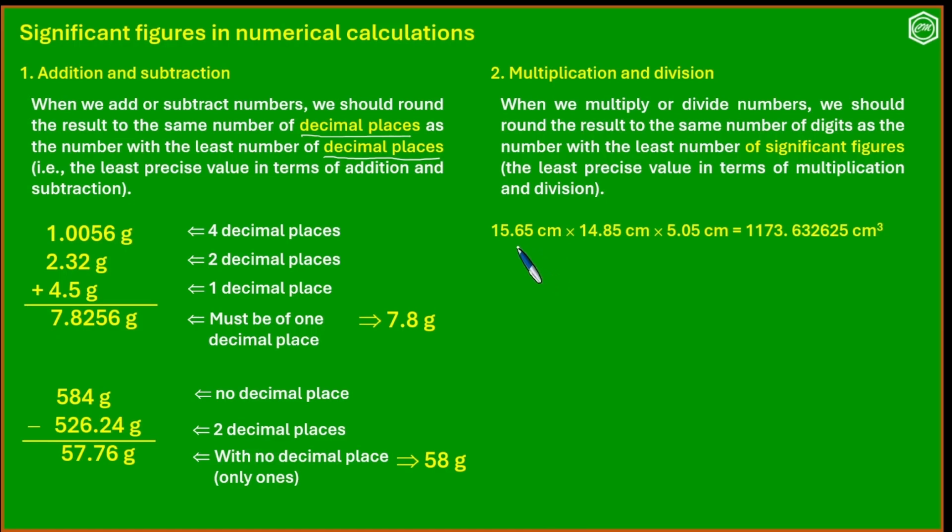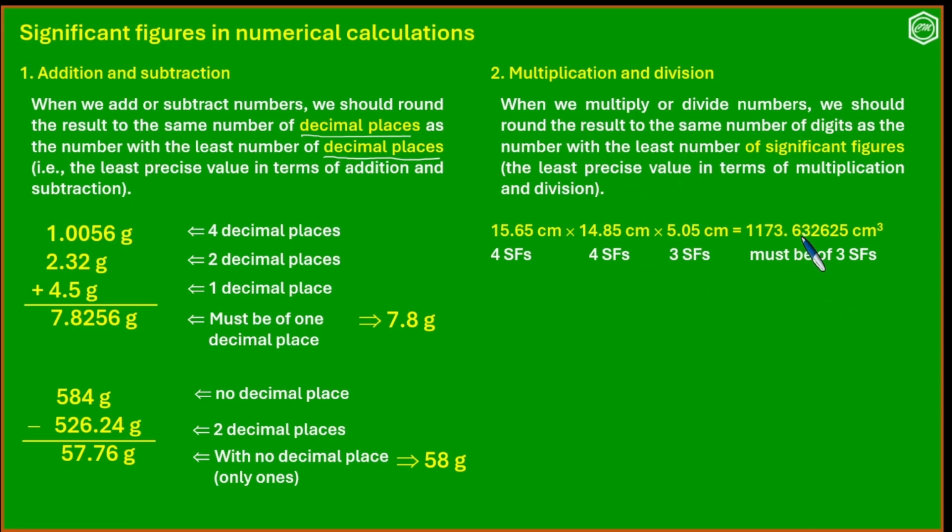Consider this multiplication: 15.65 centimeter, 14.85 centimeter, and the result is 1173.632625 centimeter cube. So that is a volume measurement. So it has four significant figures, and this has four significant, but here we have only three significant figures.